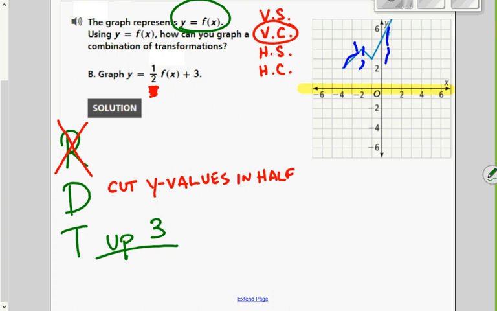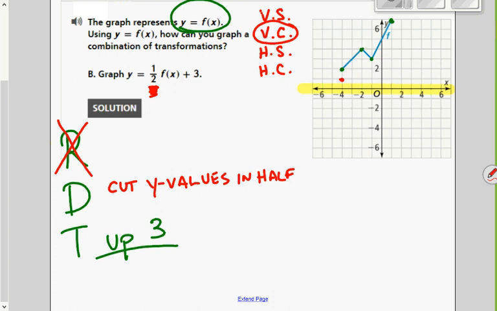You want to take each of the points, A, B, C, and D, and just cut their y's in half. So they're going to get shorter and closer to the x-axis. Point A was -4, 2. It's going to be -4, 1. Cut the 2 in half.